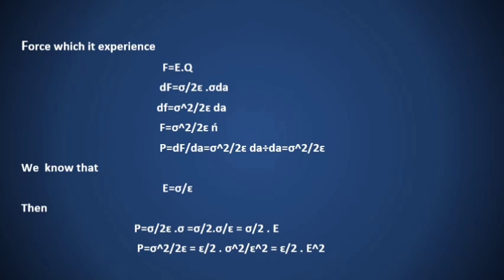As we know that E is equal to sigma over epsilon, the pressure can be calculated as P equals sigma over 2 dot sigma over epsilon, which is sigma over 2 dot electric field E. So P is equal to sigma squared over 2 epsilon, which is equal to epsilon over 2 times the electric field squared.